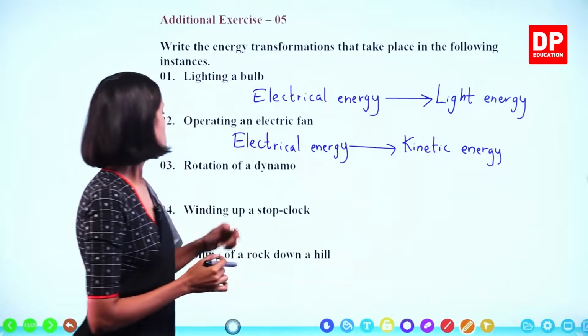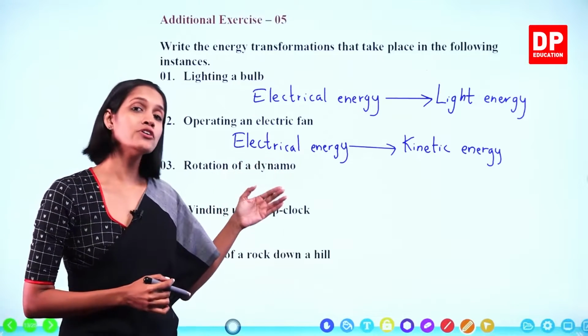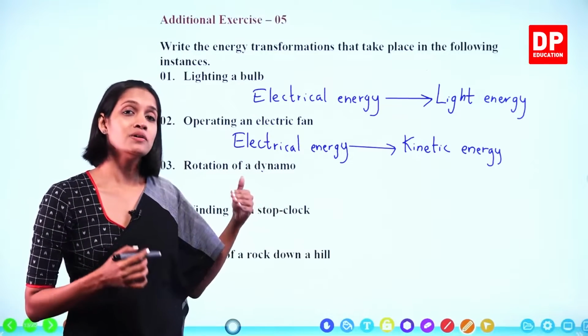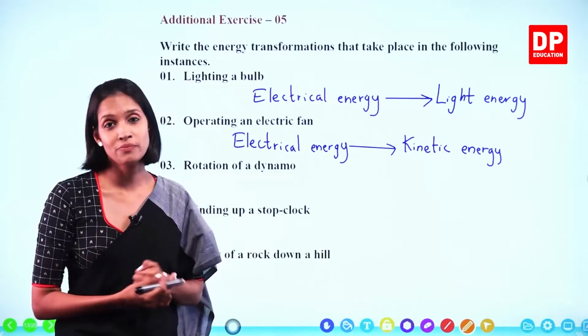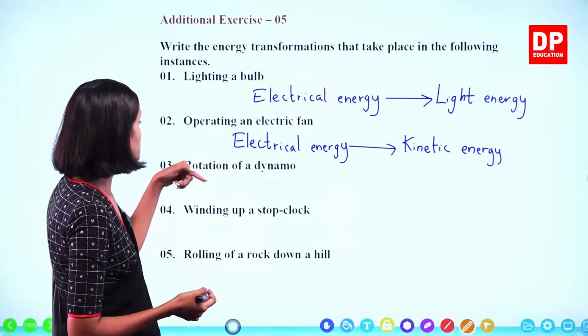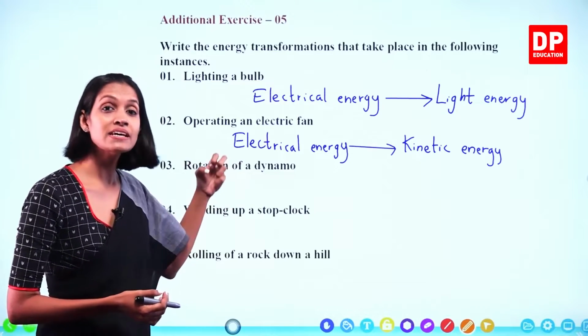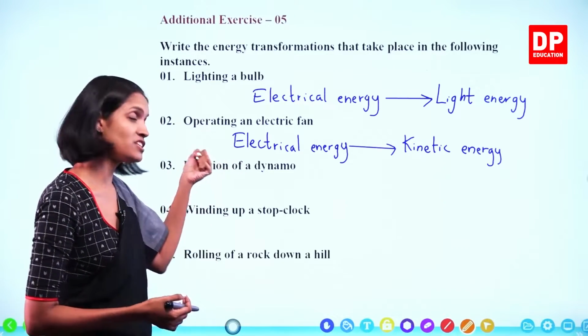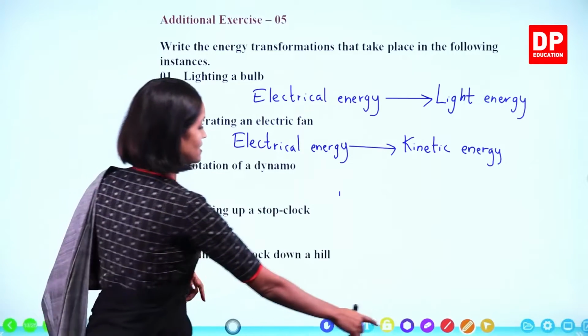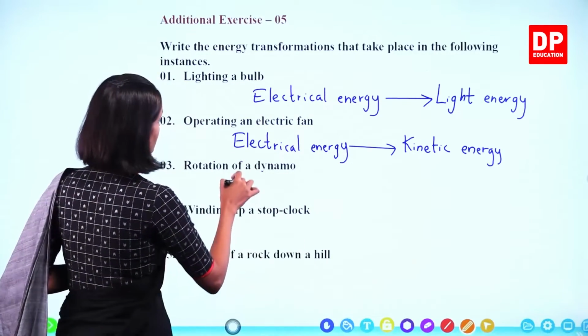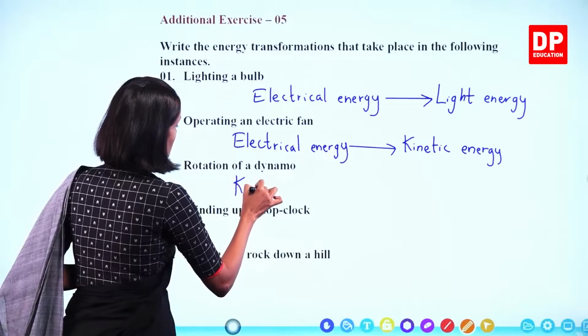Next one, rotation of a dynamo. How does the dynamo rotate, children? Because of the energy provided by water and by the turbine, right? So when the dynamo rotates, it has kinetic energy. What type of energy is produced? Electrical energy, right? Okay.